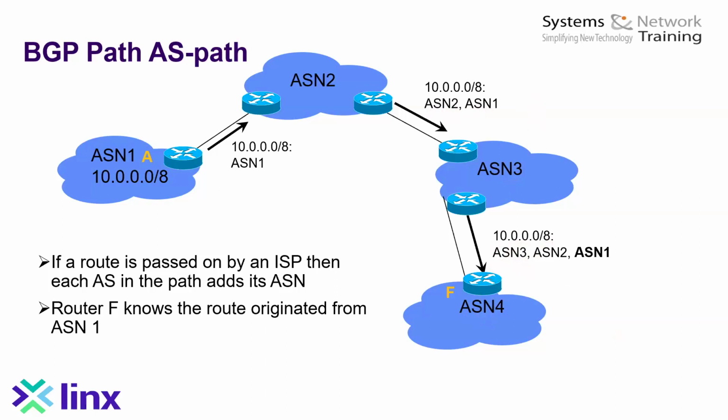And then when the route finally arrives at ASN4, router F says, aha, this route was originated by ASN1, and these other providers are merely passing that on to get to me. And so the administrators working for the ISP that has ASN4 can go to the internet registry and see who ASN1 is and satisfy themselves that they are happy to receive routes from this organization.